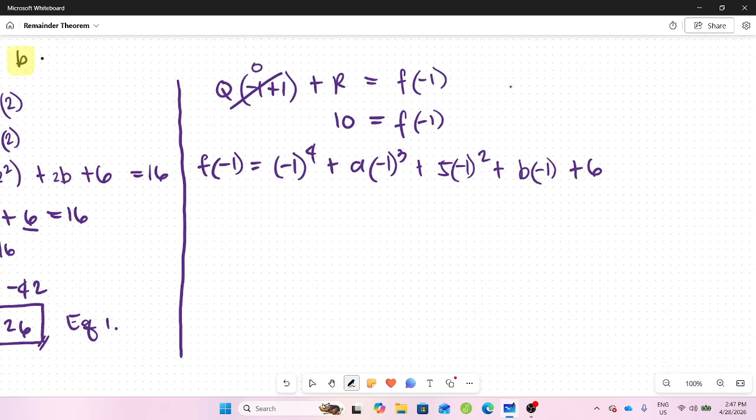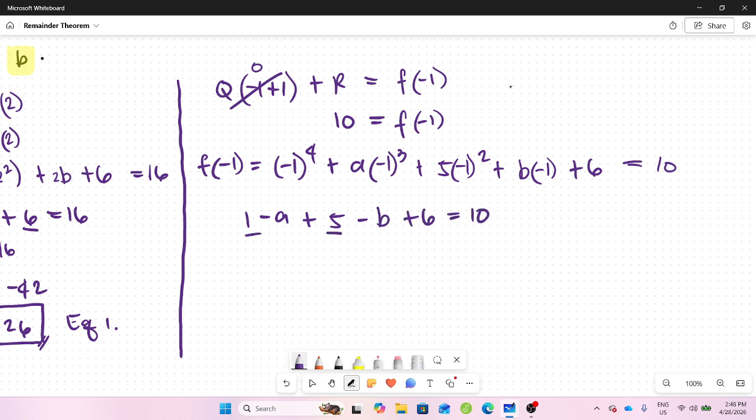By the way, this is all equal to 10. So negative 1 to the power of 4 is simply 1. Negative 1 to the power of 3 is just negative 1 times a, so this becomes negative a. Negative 1 to the power of 2 is just 1 times 5, just 5, minus b plus 6 equals 10.